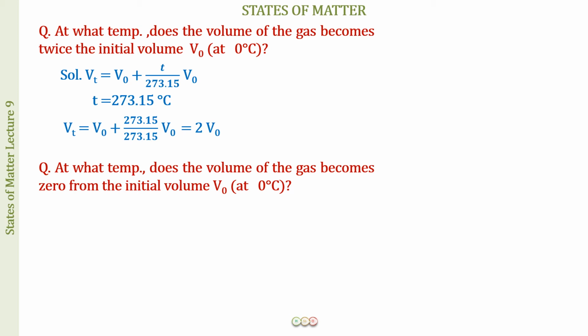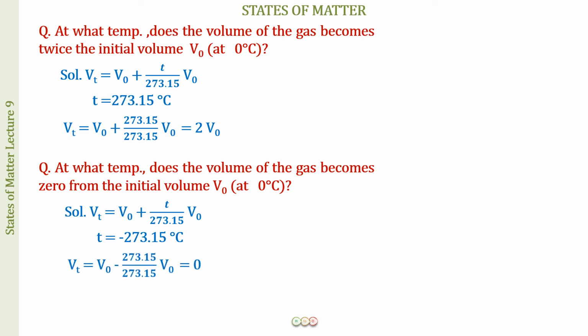For every 1 degree decrease in temperature, the volume is going to decrease by 1 by 273.15 of the initial volume. So putting the values in the equation, and also by simply seeing the equation, the value of T is minus 273.15 degrees Celsius. Right?